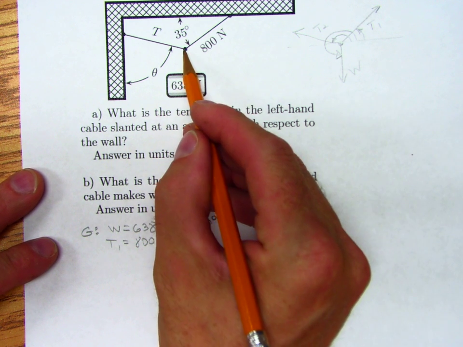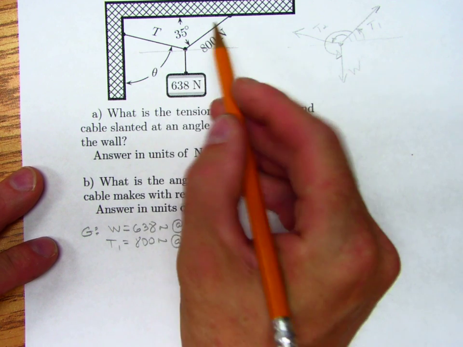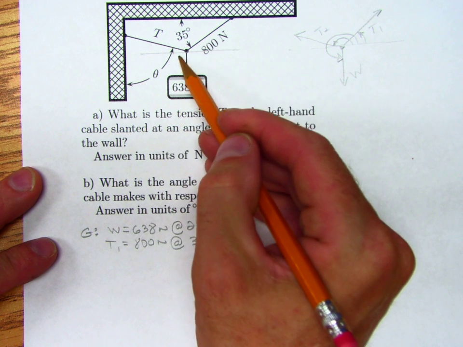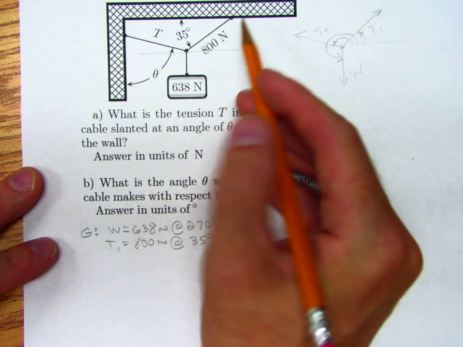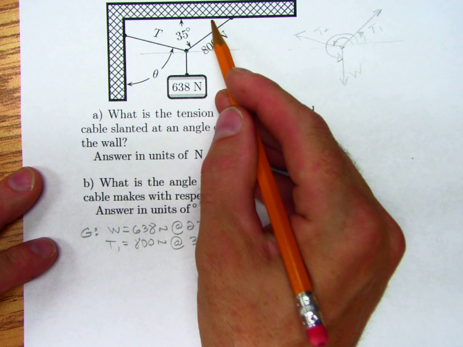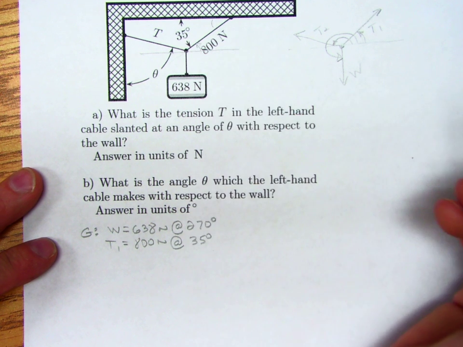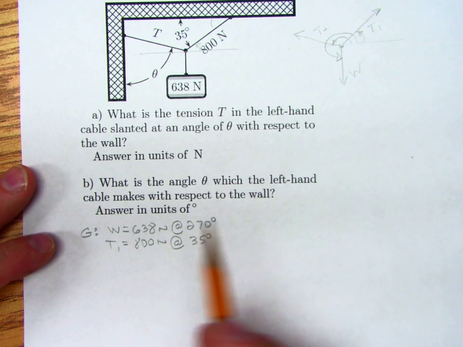Now let me show you why it's 35. If these are two parallel lines and this line bisects the lines, then these angles are interior angles. So if this is 35, then this also has to be 35 just by geometry.